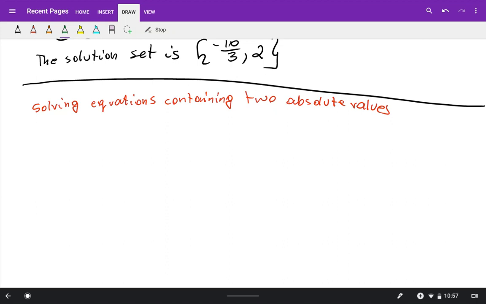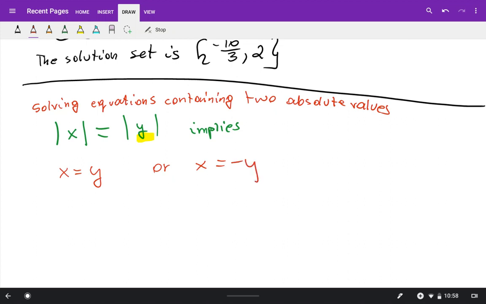Okay, so we're going to solve something like this. You have the absolute value of one expression equal to the absolute value of a second expression. So how do you solve that? That implies that, and you're still solving two equations: x equal y or x equal the opposite of what you see here, which will be negative y.